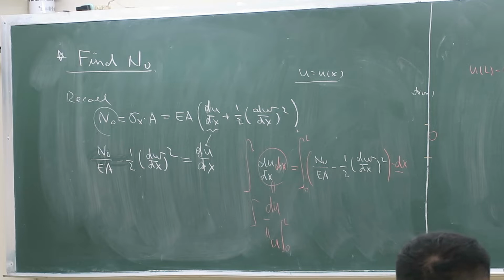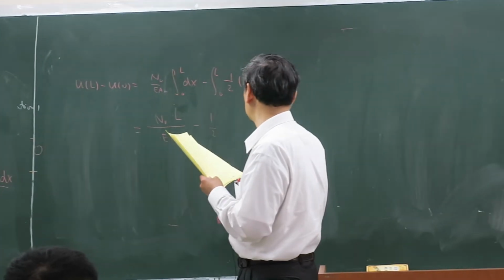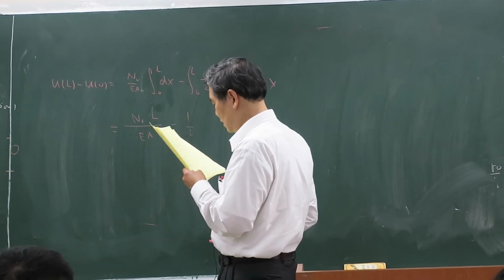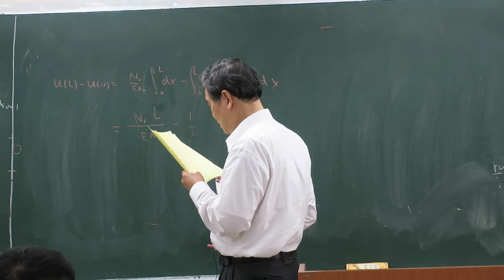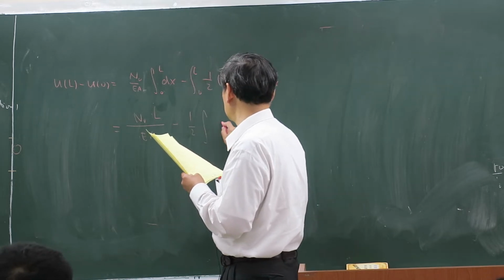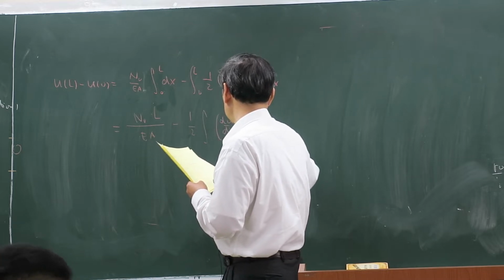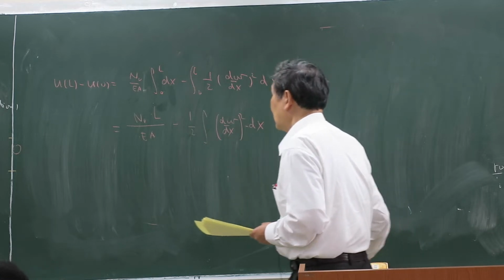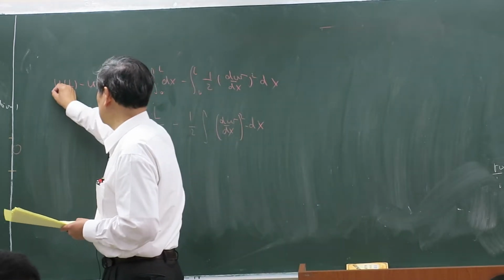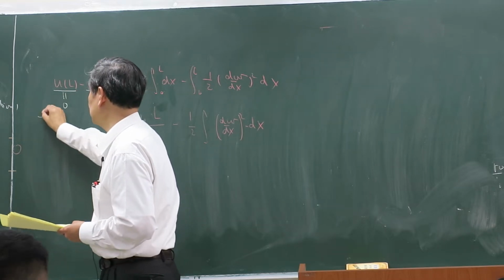And minus half dw dx squared dx, okay? And this is equal to 0. This is equal to 0 because of the hinge.